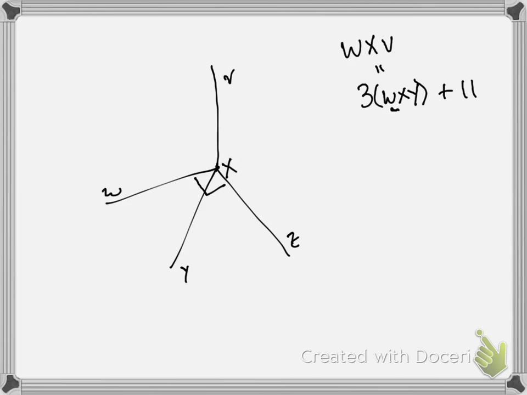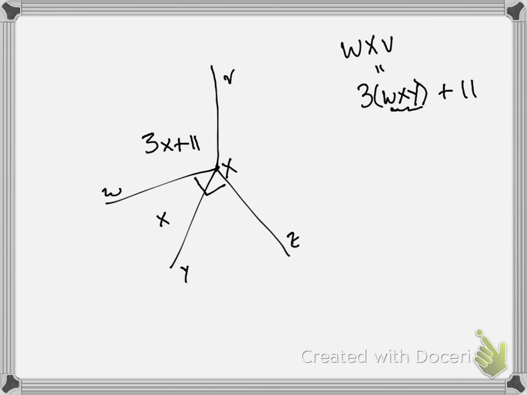Now, instead of just writing WXY, can I just use an x? So WXY, I'm just going to say that's x. We don't know what that piece is. And then WXV is 3x plus 11.